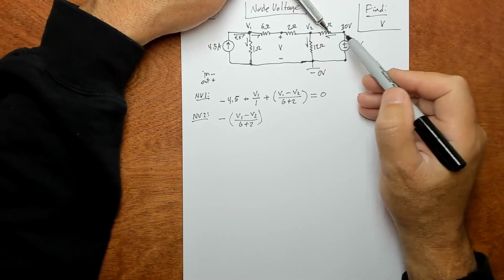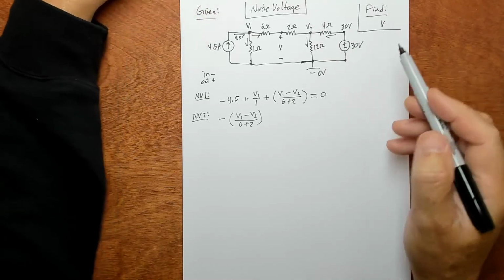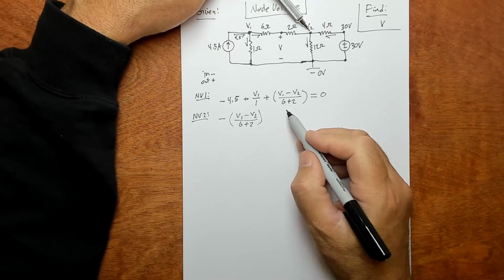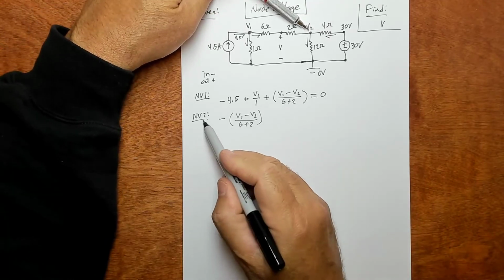Then we can write an expression for this current right here. So we're trying to write node voltage 2.